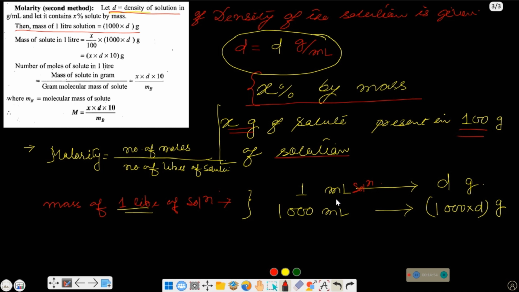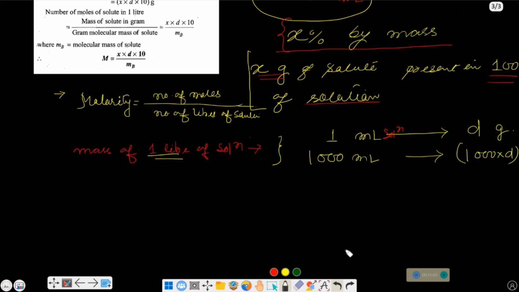So we need to find the mass of the solute from this.